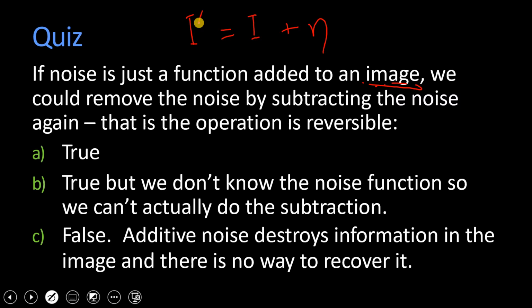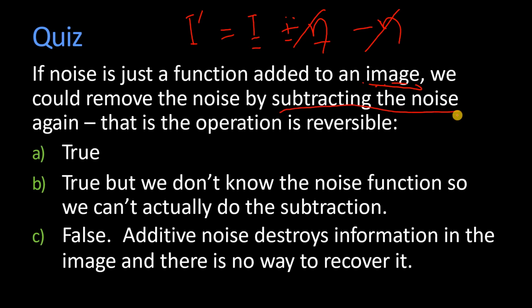So you see, noise is added to the image, so it's an add operation. So is it possible that I can subtract the noise? So if I subtract n, it will cancel, then I remains over there. So can we subtract the noise from the image? Just pause over it, think over it, because it's a reversible process. We know how to do subtraction. We know how to subtract signals.